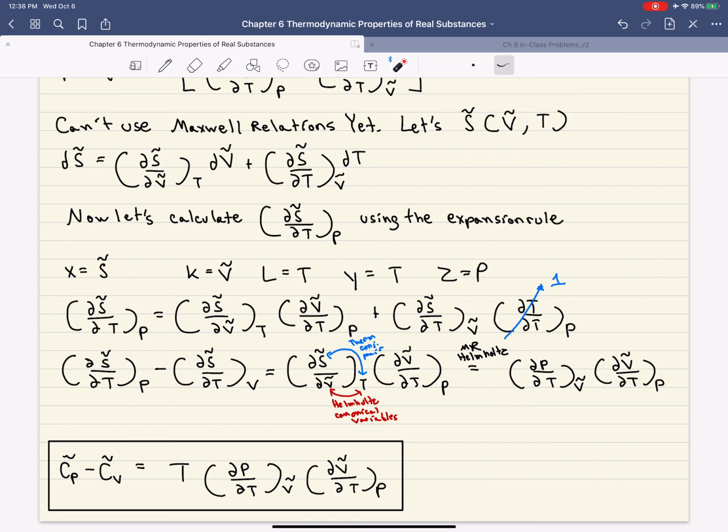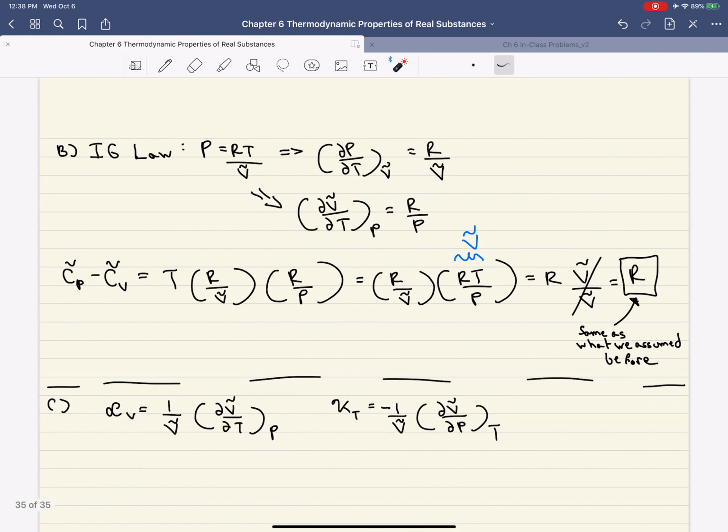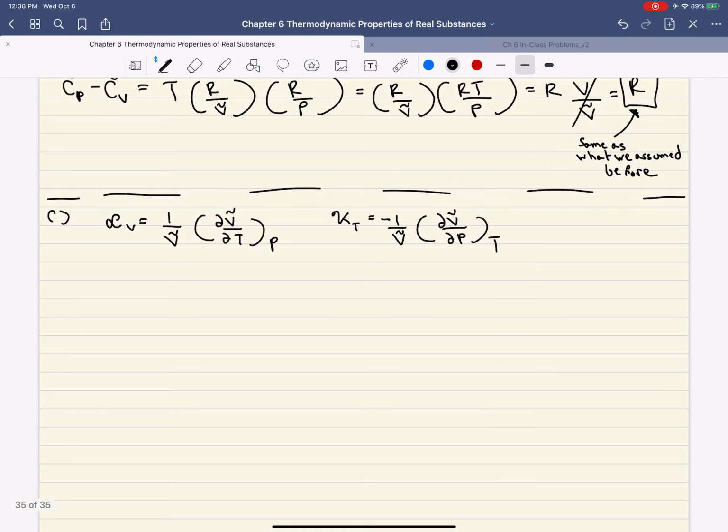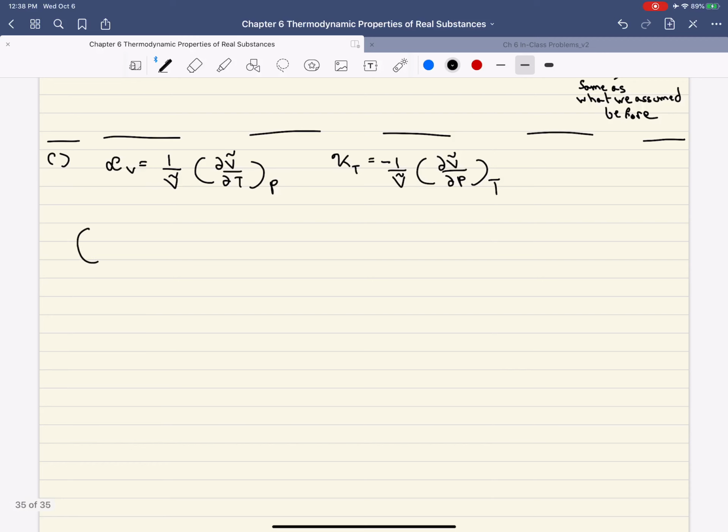But what we could do in order to rewrite our equation in terms of alpha and kappa is once again go back to the triple product rule, but apply it in a backwards way, right? And so what I mean by that is if we take dP/dT at constant V, we could expand it out using that triple product rule.